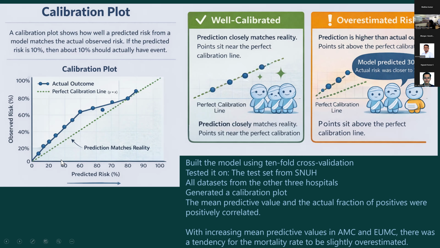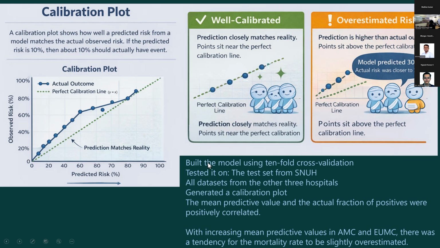So here we can see that at 40%, the model is actually predicting a lower risk compared to what is actually observed. If the observed risk is around 65%, we see it's predicting 60%, which is a lower risk.